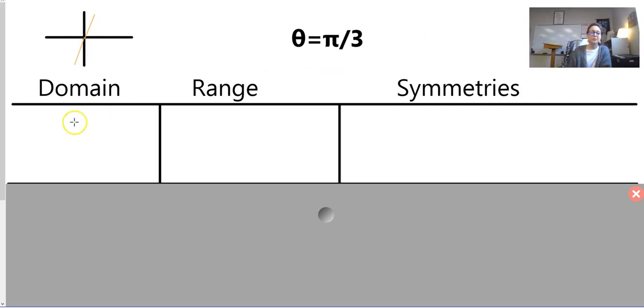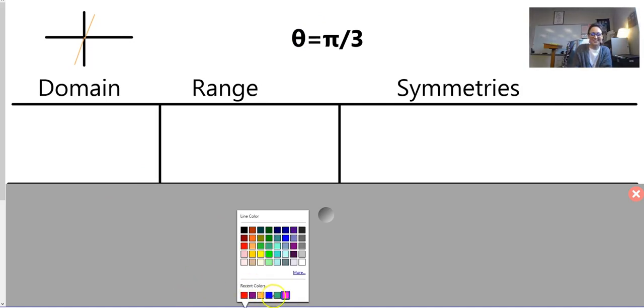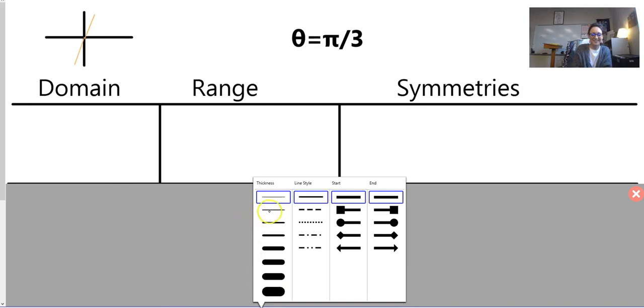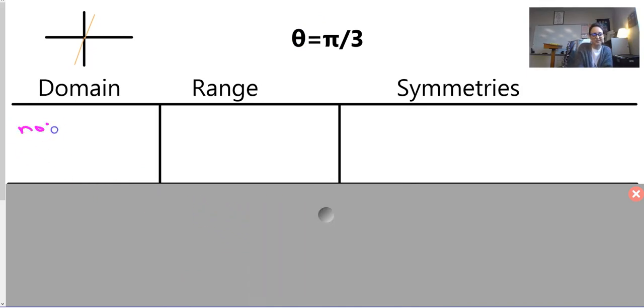For the domain, all it's going to ask is whether it is all real numbers or not. Can theta be anything you want? No, it cannot. It can only be pi over 3. So in this case, we're going to click the option that says not all real numbers.